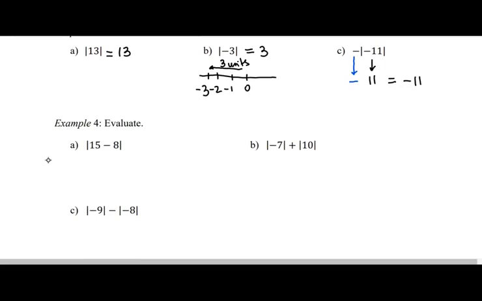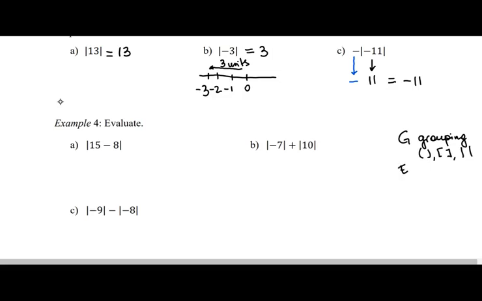All right. We use the absolute value to evaluate expressions. So that's what we're going to do in example number 4. When we evaluate with the absolute value, please treat the absolute value brackets as your grouping symbols. So if we go back to our order of operations and we remember our GEMS, G being grouping symbols, and we talked about that there could be parentheses, square brackets, or absolute value brackets.